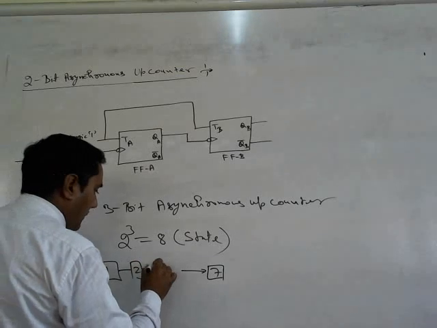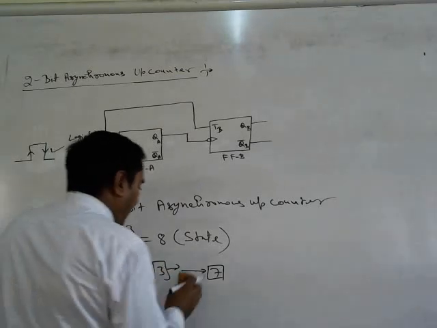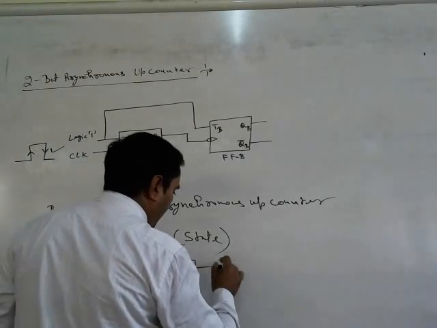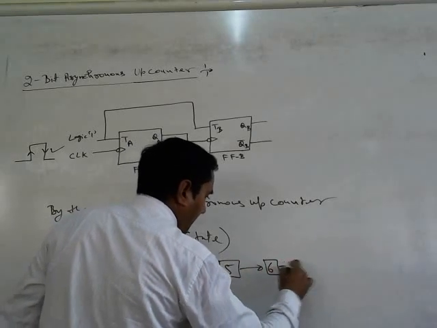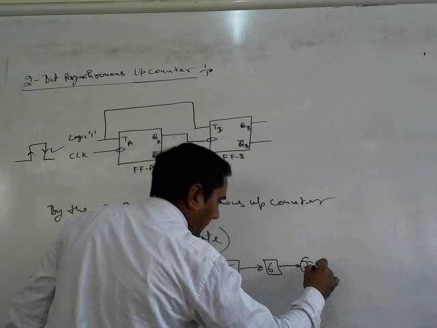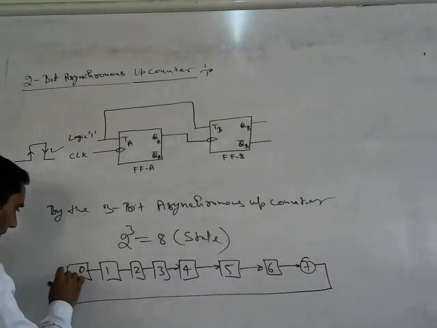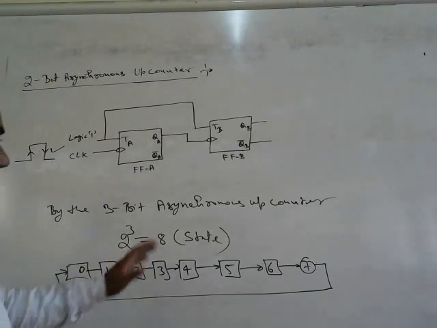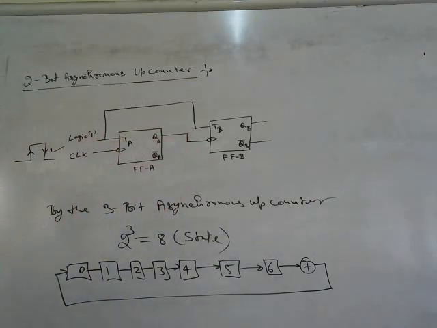1, 2, 3, 4, 5, 6, 7, and after 7 our counter again jumps to the initial state, that is 0, in the case of the 3-bit asynchronous up counter.